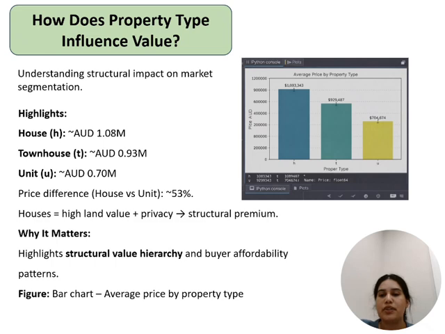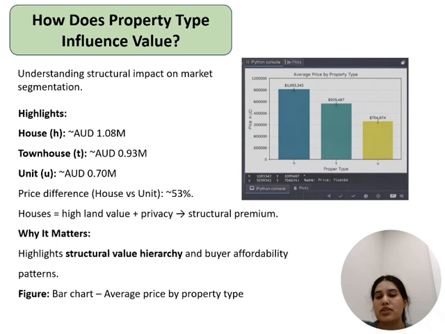Slide 9. How property types influence value. This visualization compares average price across property types. Detached houses are the most expensive, averaging around Australian 1.08 million, while units are the most affordable at about AUD 700,000.